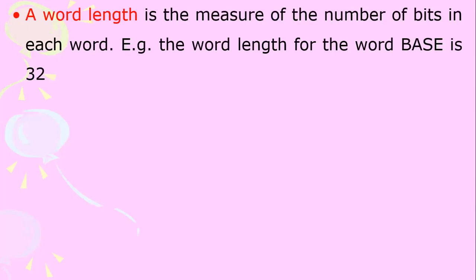A word length is therefore the measure of the number of bits in each word. For example, the word length for the word base that we have already looked at is 32.